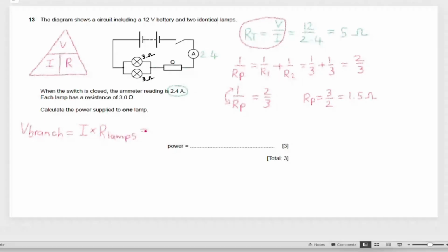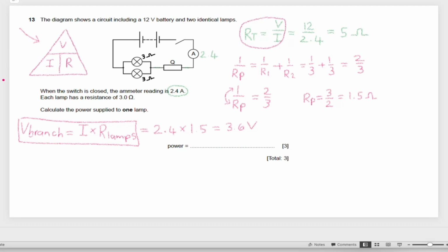That will be 2.4 multiplied by 1.5, and that gives me 3.6 volts. As you can see, this formula also comes from this very handy triangle. In parallel, each lamp gets the full branch voltage. So the voltage of one lamp is equal to 3.6 volts.